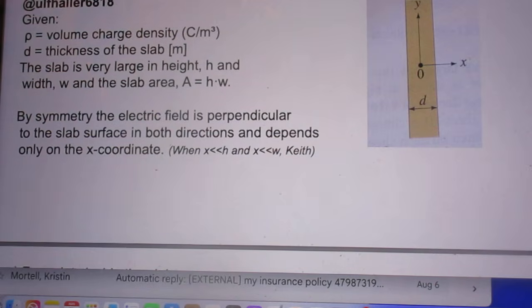By symmetry, the electric field is perpendicular to the slab surface in both directions and depends only on the x direction. If you go back to my lectures, I cover an infinitely large slab and then conclude that the E field must be perpendicular to that large surface, for reasons of symmetry.